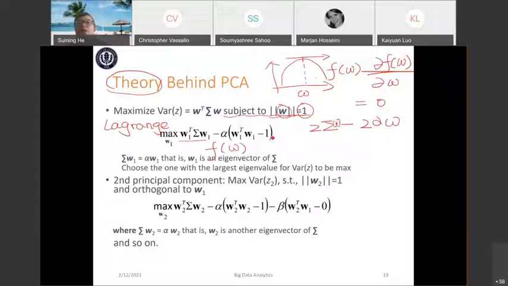Because the constant part becomes 0, this is the derivative of f of omega against omega, and we make it 0 here. Therefore we get the formula sigma omega equals alpha omega, which happens to be the eigenvector formula. So this actually matches the definition of the eigenvector formula.